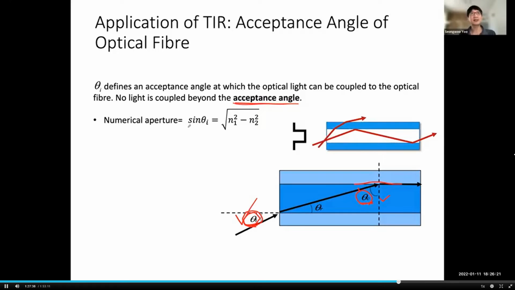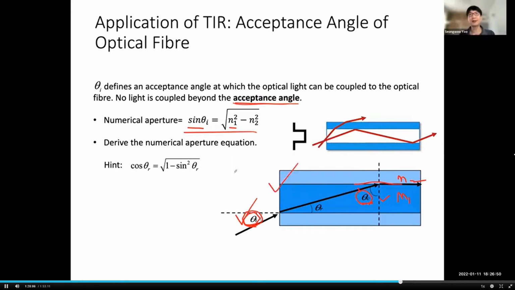Numerical aperture is the sine of the first incident angle, and this is determined as the square root of n1 squared minus n2 squared, where n1 is the refractive index of the core material, and n2 is the refractive index of the cladding medium. You can actually derive this numerical aperture from this diagram using this trigonometric relation. I would encourage you to derive it yourself.